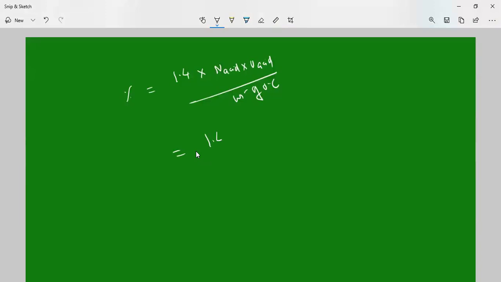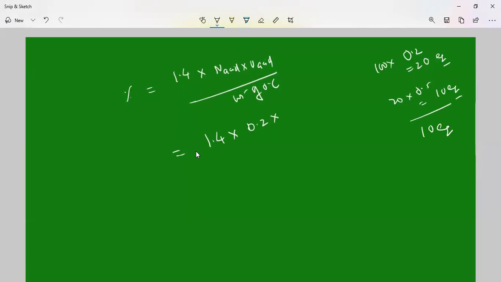So we have 1.4 into, what is the normality of the acid? 100 ml is given, and the normality of 0.1 sulfuric acid is 0.2. So 100 ml into 0.2 gives 20 equivalents of acid, whereas 20 ml of sodium hydroxide is given. Sodium hydroxide is 20 into 0.5, that is 10 equivalents.